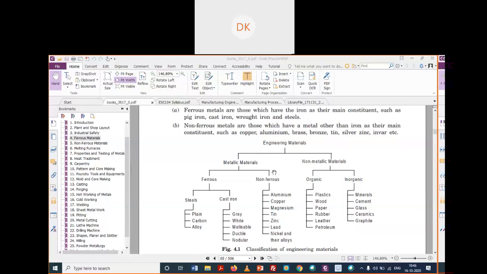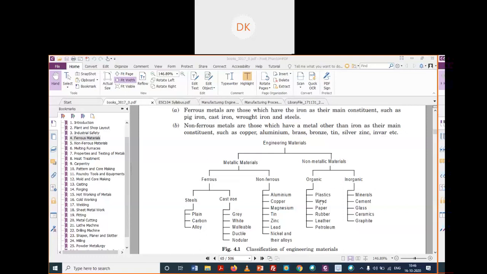So, engineering materials are classified into metallic materials and non-metallic materials. In metallic materials, there are two more classifications: ferrous materials and non-ferrous materials. In the case of non-metallic materials, we have two other classifications, organic and inorganic.